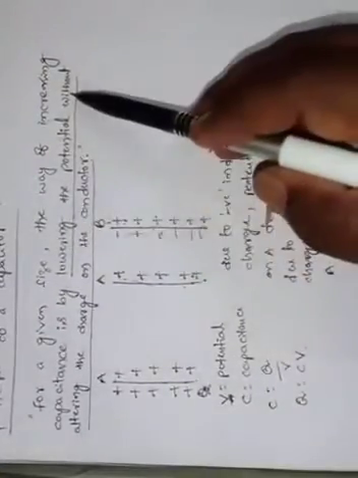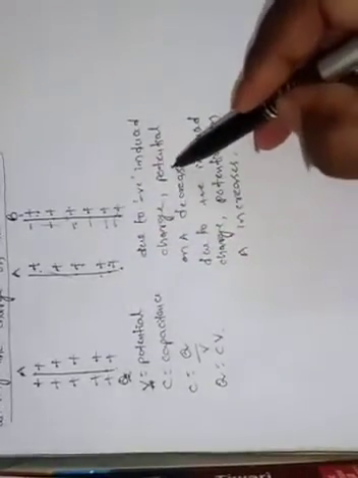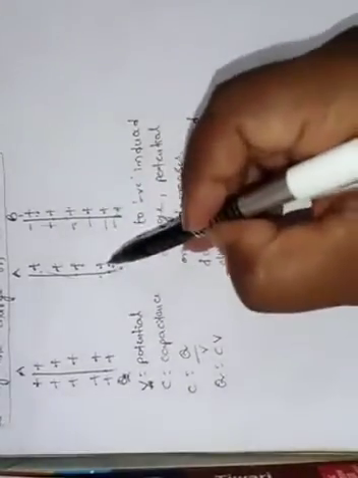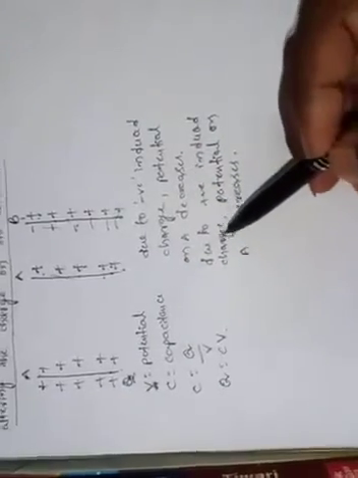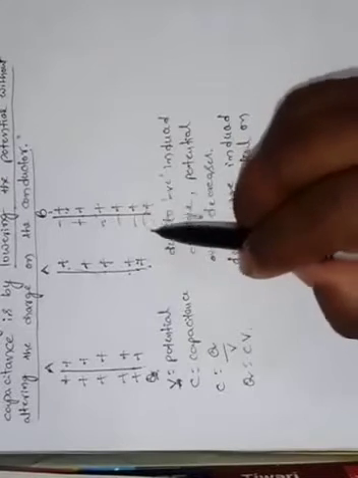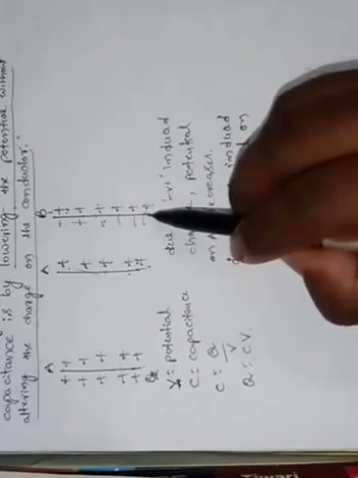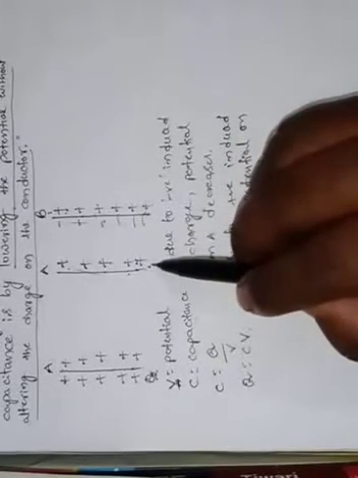So here, potential on A can increase and can decrease, both are possible. But which induced charge is very near to the positive charge?